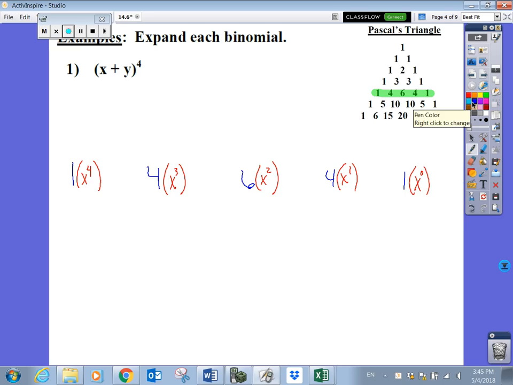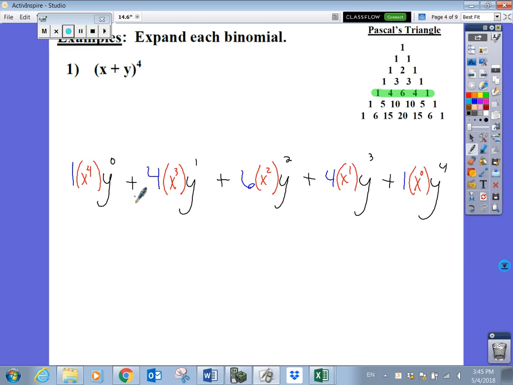Then we take the next one and we start with 0: y to the 0, y to the 1st, y squared, y to the 3rd, y to the 4th. And then these signs could be different depending on what happens in your parentheses there. And now you just do the math.